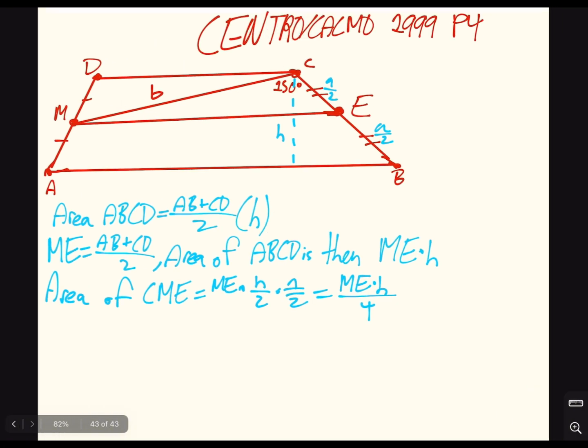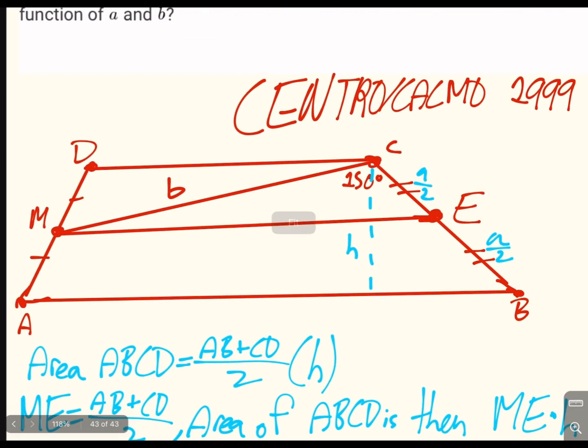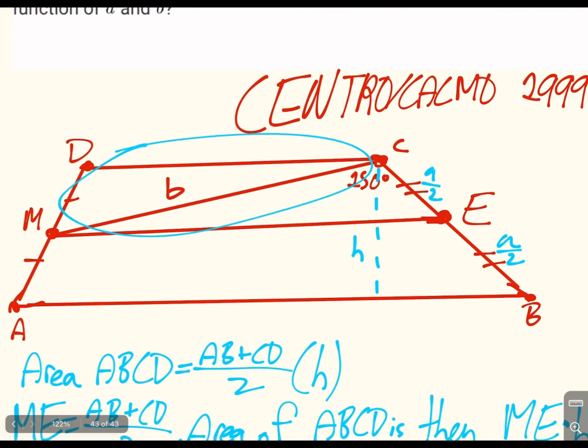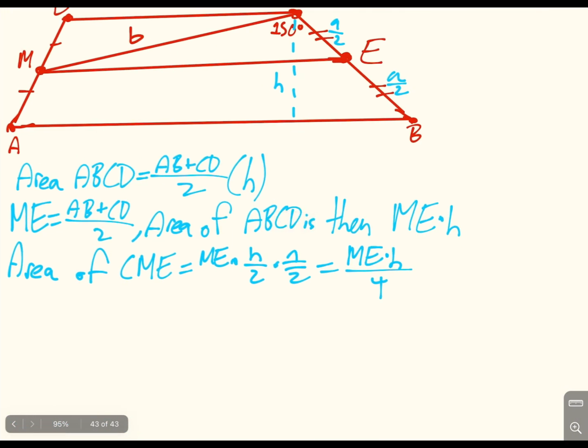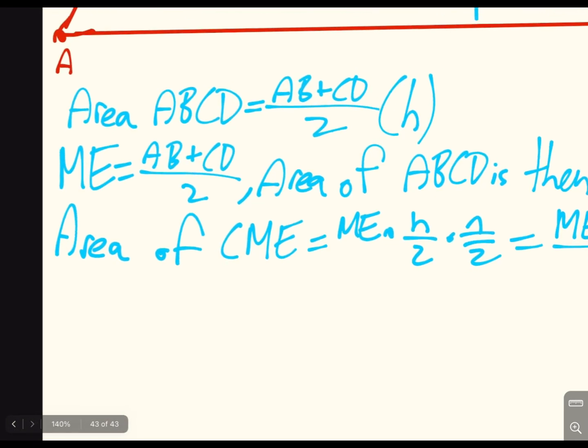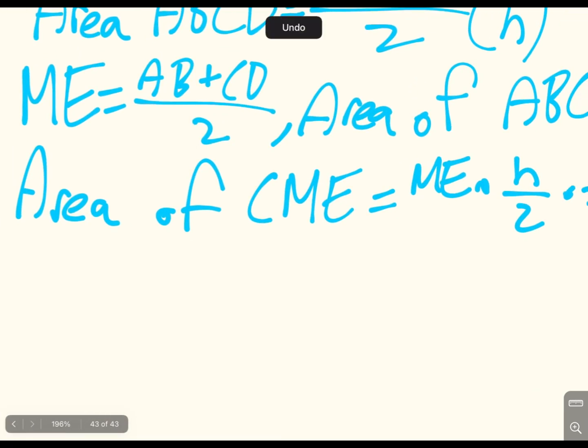And now this is where the trigonometry starts to settle in, because using trigonometry, we can figure out the area of triangle CME with just this side, this angle, and this side. The formula is basically the two sides.